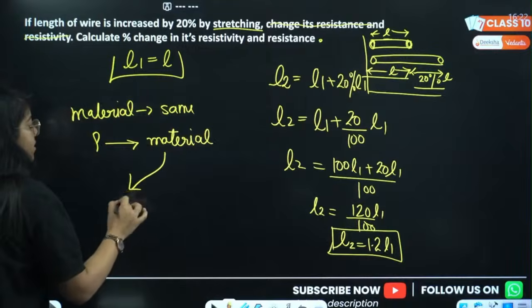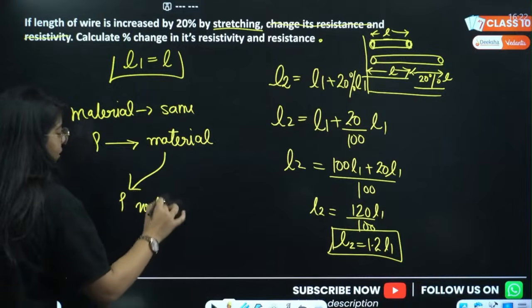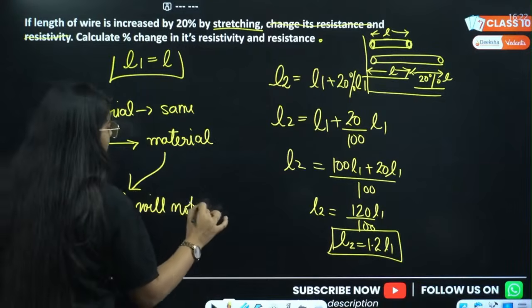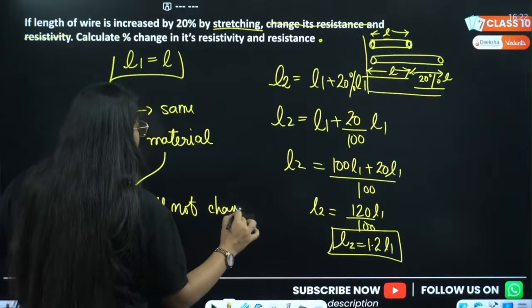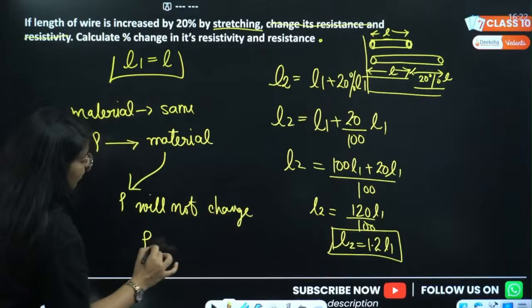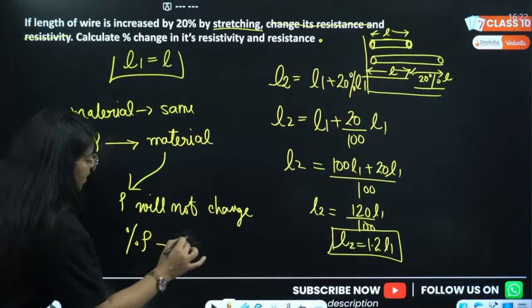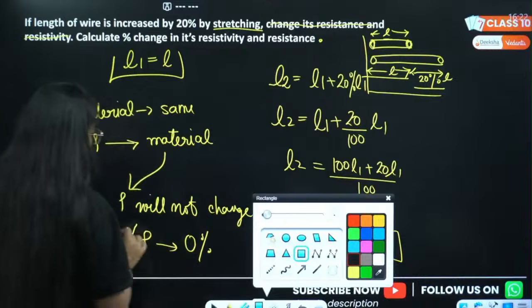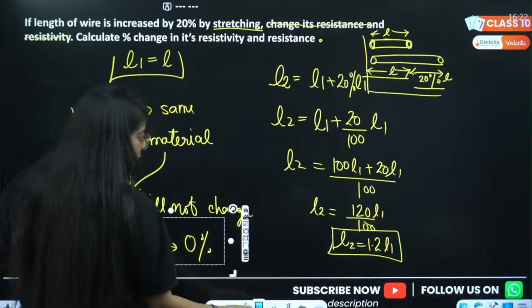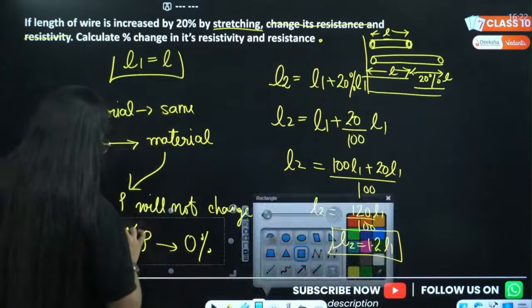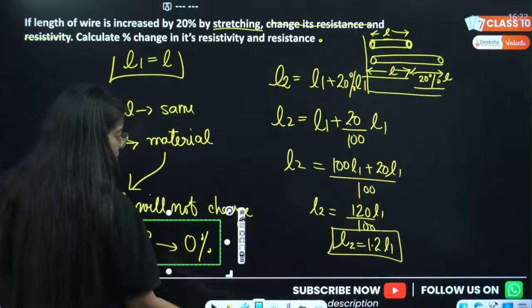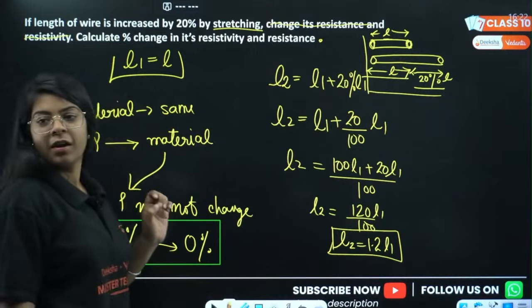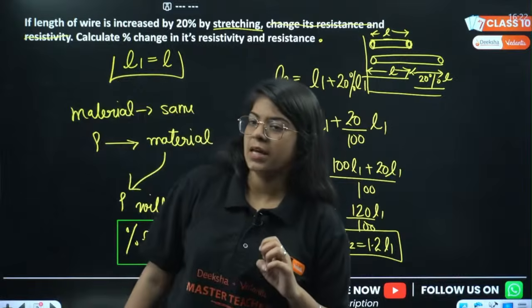So resistivity will not change. If they have given options, the percentage change in resistivity will be 0%. Any doubt in this?